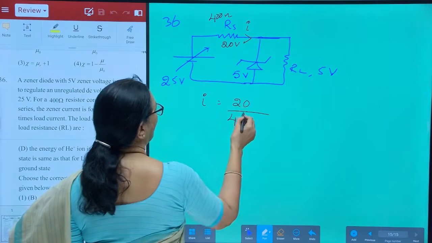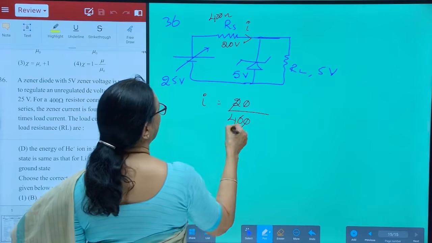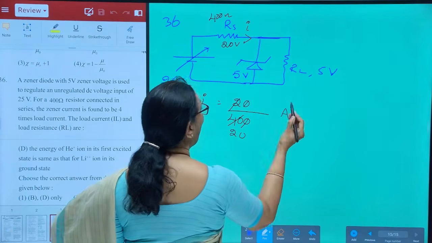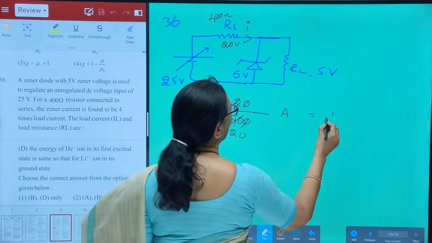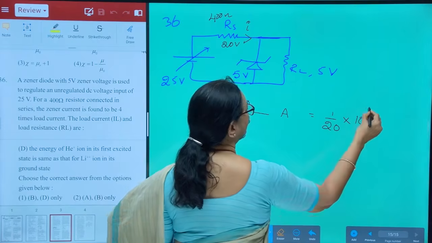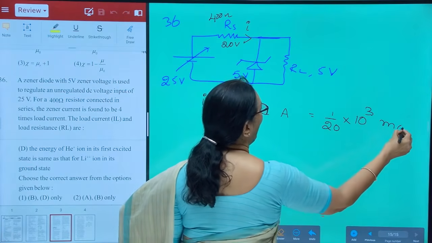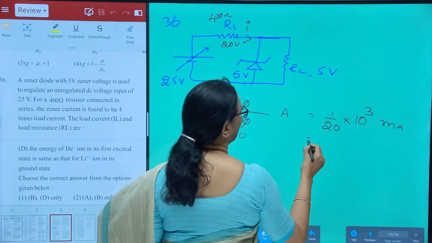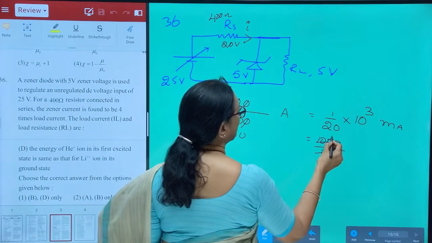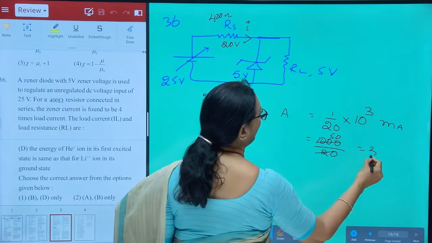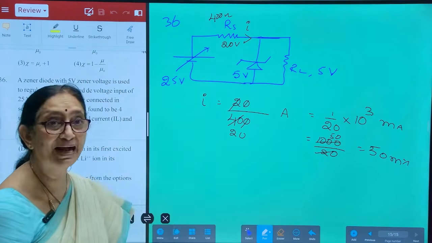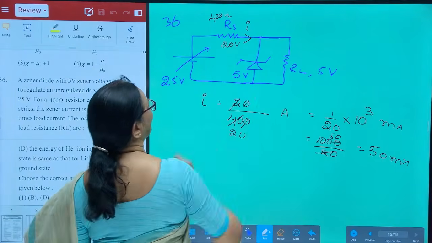See here, 20 by 400, this is 1 by 20 amperes. Converting that into milliamperes, 1 ampere is 1000 milliamperes, so it is 1000 by 20, that is 50 milliamperes. This is the most important part of the problem, the total current.